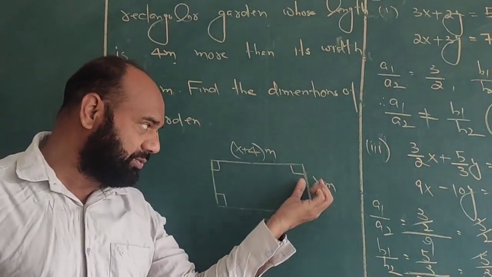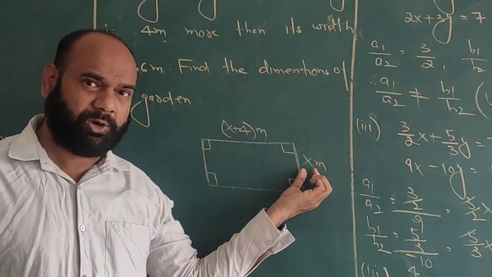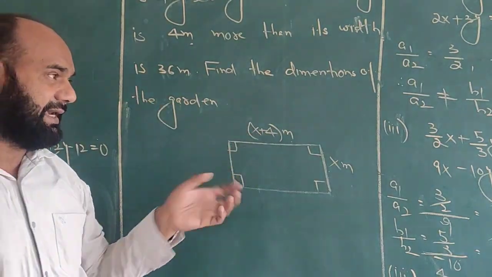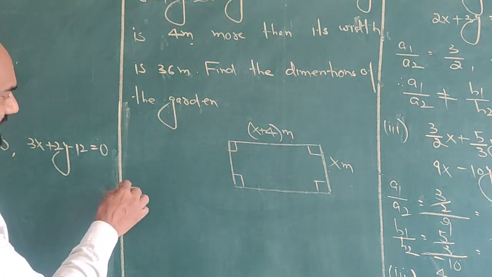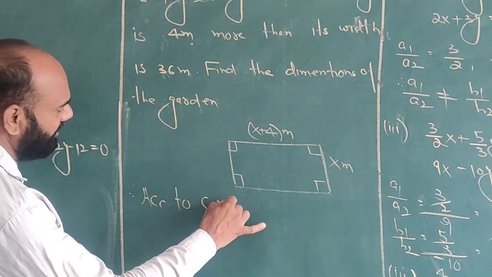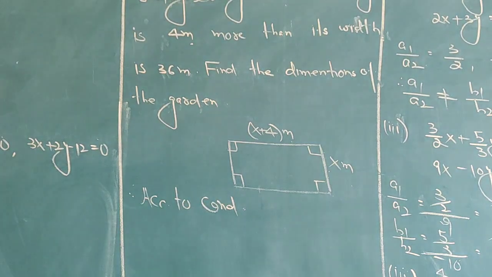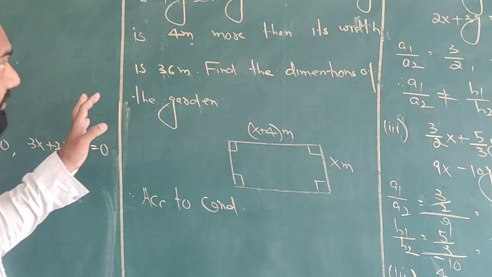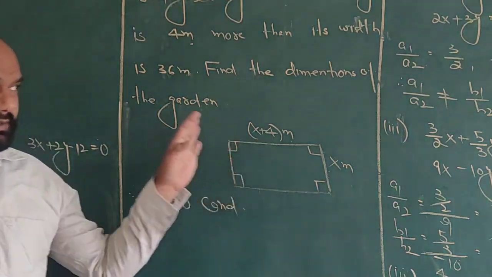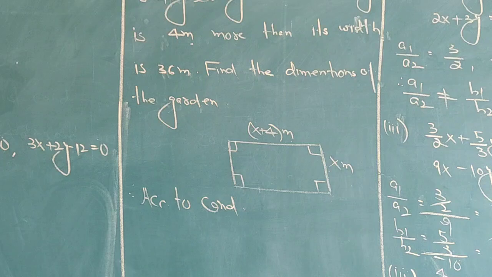So when we assume the width of the rectangular garden is x meter, then its length must be x plus 4 meter. Therefore, according to the condition, half the perimeter of a rectangular garden is given, and we know the perimeter of a rectangular garden is 2 times length plus breadth.